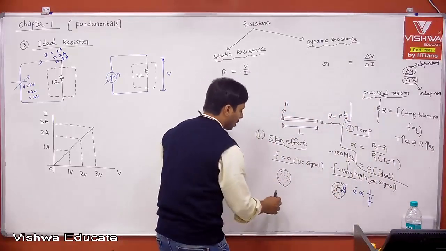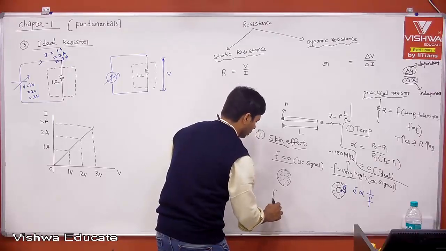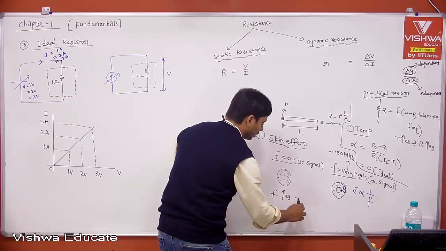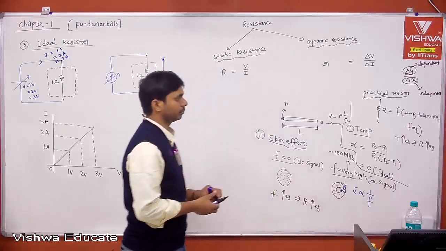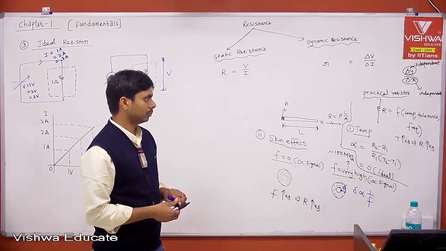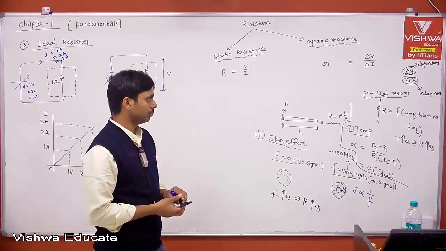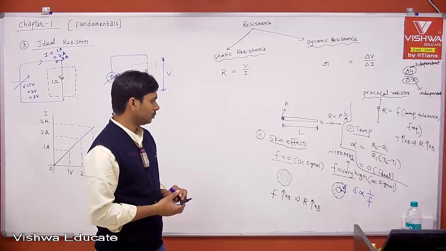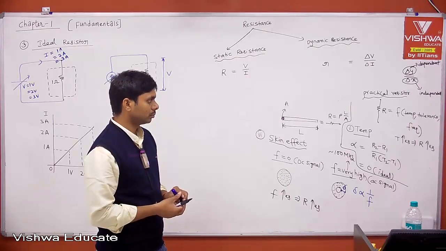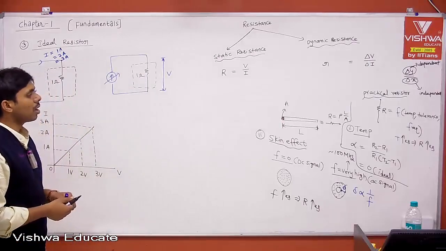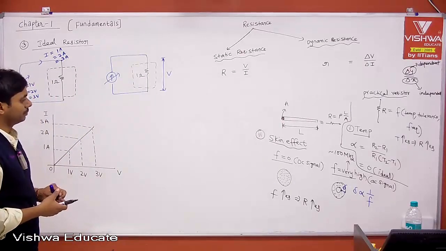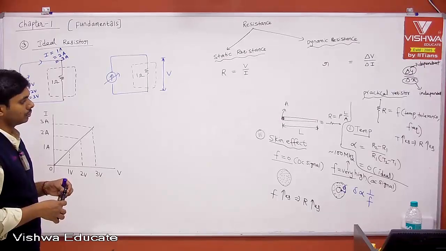Similarly here, as frequency increases to a very high value, the resistance increases. But in the case of an ideal resistor, your resistance value is constant. Okay?